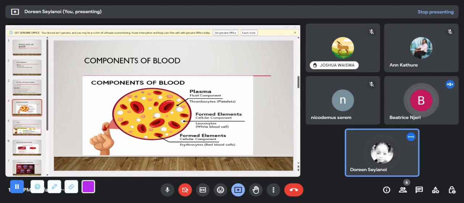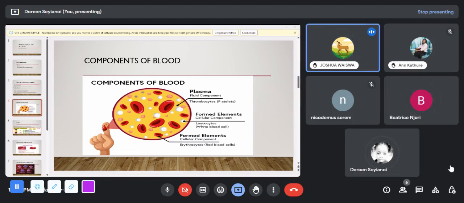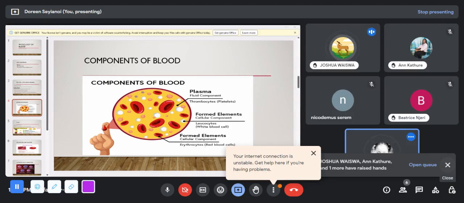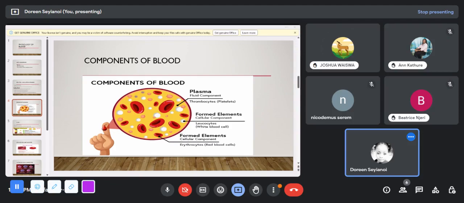We have platelets. Yes, platelets. Yes, Waiswa. We have red blood cells. Yes, red blood cells. Yeah, I think that is enough.